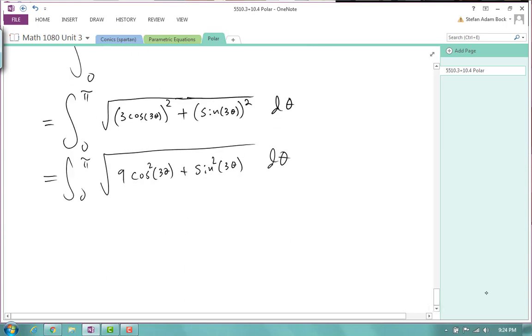But as is usual with a lot of arc length problems, I don't think we'll actually be able to integrate this one. If that 9 wasn't there, this would be a really easy problem. But since we do have a 9 there, this is probably going to kind of suck. So that's basically it for polars.